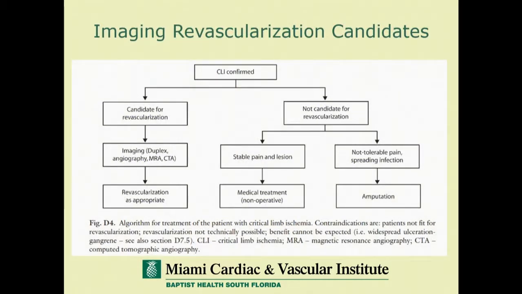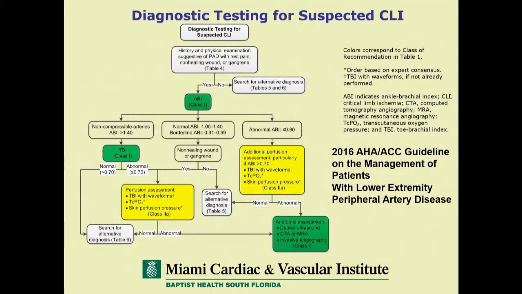This is an interesting graph because it dovetails on what Dr. Jaff said: I think when you do imaging is because you're considering revascularization. And morphologic imaging with CTA and MRA is important to help us make that determination and distinction. This comes from that similar guidelines paper that he showed from last year.